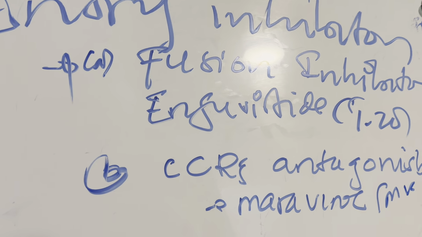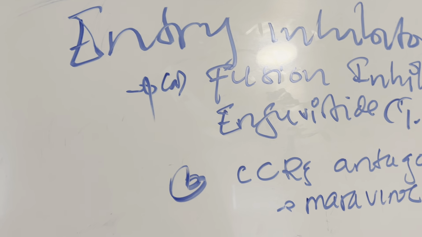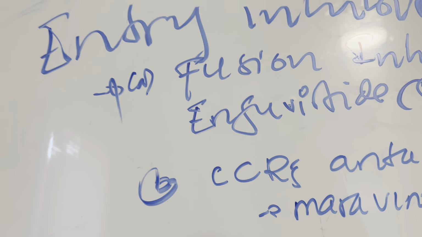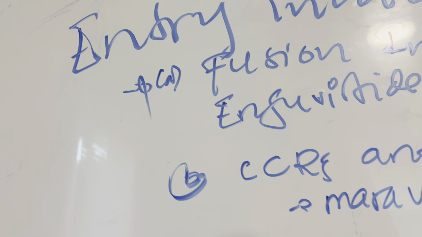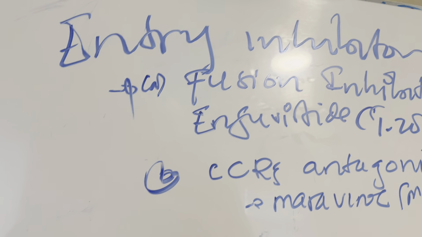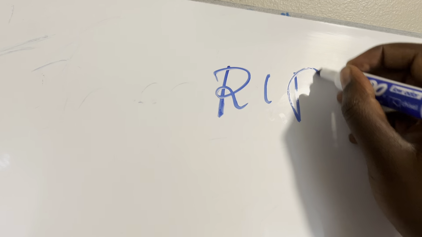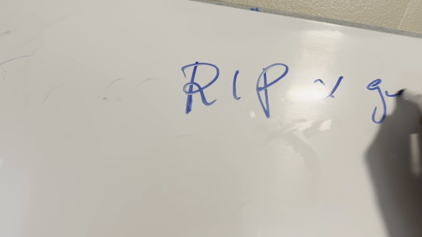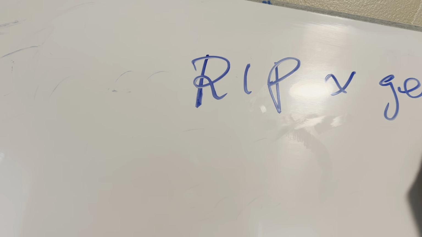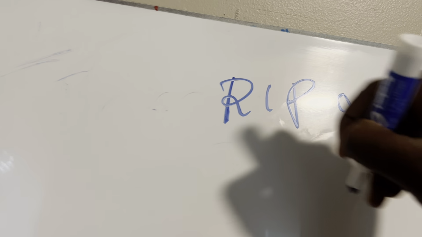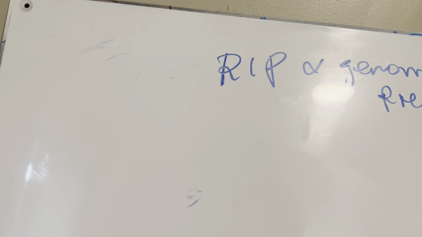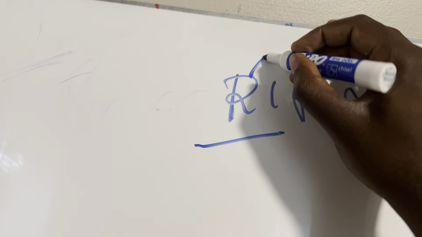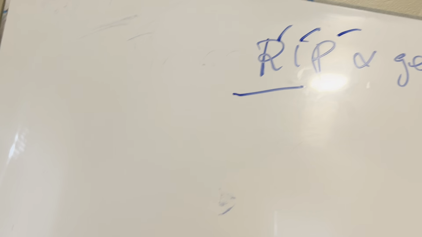Maraviroc and other CCR5 antagonists block the CCR5 co-receptor on the surface of CD4 T cells, preventing HIV from entering the cells. As a result, the enzymes and the genome RNA can't be transferred into the host cells. So we have reverse transcriptase inhibitors, integrase inhibitors, and protease inhibitors.